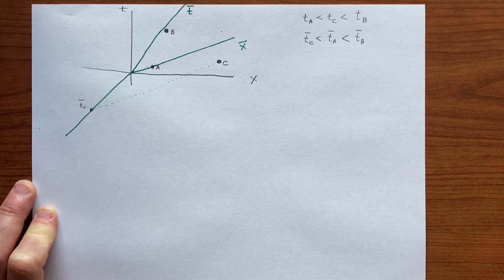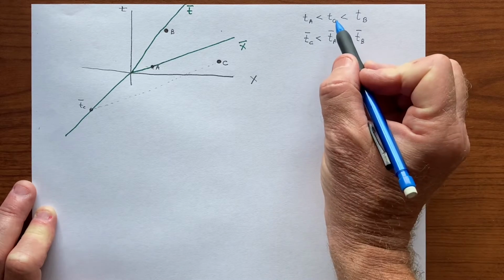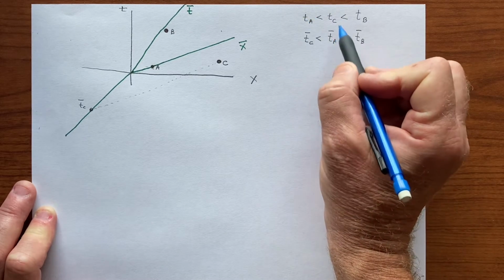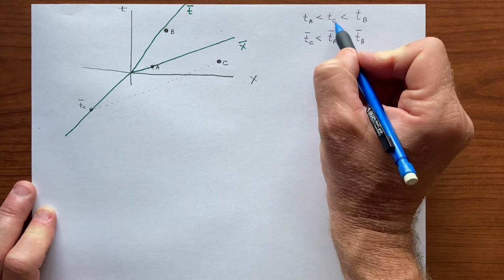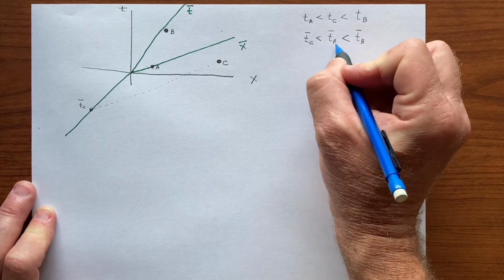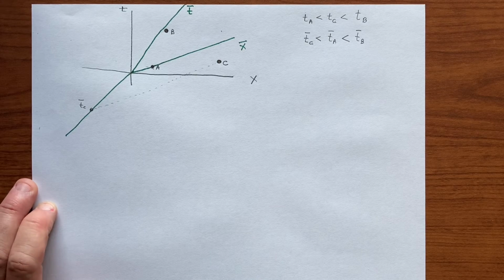So what we see is that events A and C have a different kind of sequence, right? So here is A happening before C from one perspective. Here is event C happening before event A from another perspective.